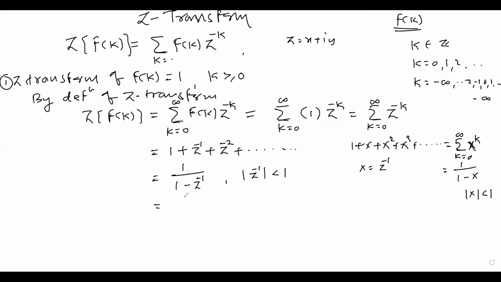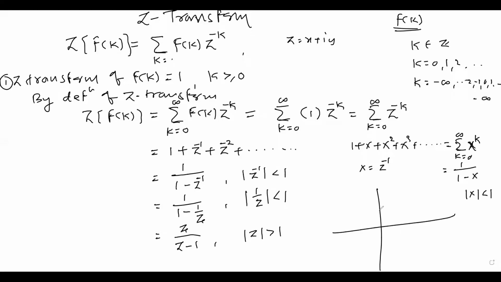Now it can be written as 1 upon 1 minus 1 upon z. Now z is multiplied here and z becomes the numerator. It can be written as z upon z minus 1, and the ROC is mod 1 upon z less than 1. Now we want the ROC only for z, so take the reciprocal. Then it can be written as mod z, and the inequality sign is changed, greater than 1.